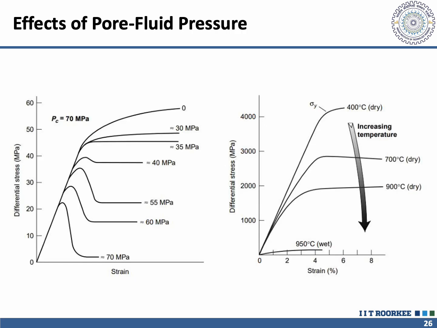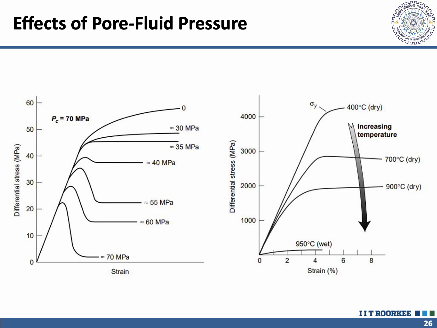Now let's look at this parameter. These two graphs illustrate the effects of pore fluid pressure and temperature on the deformation behavior of rock, specifically between limestone and quartzite. Both are critical controls on rock strength in the Earth's crust.